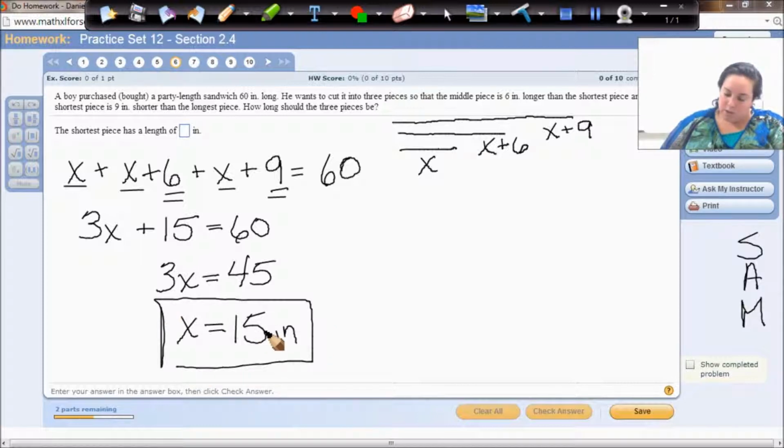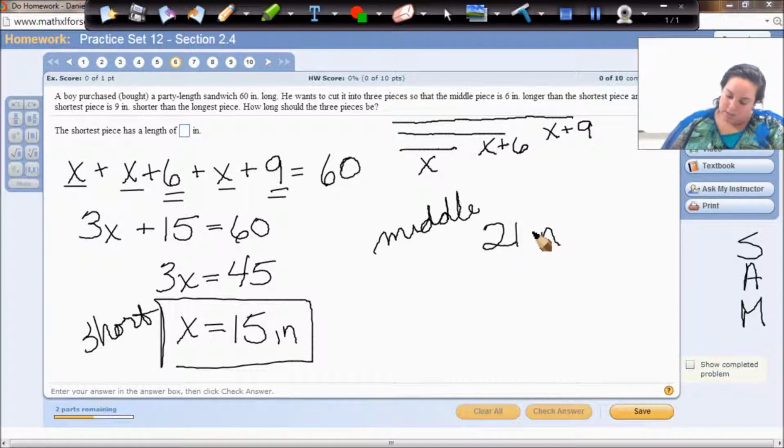All right, once we know that the shortest side is 15 inches, we know the middle piece. So this one was for the short piece. The middle piece is 6 inches longer than that, so we can figure out the middle piece by just adding 6. So 21 inches. Okay, and then we can also figure out the long piece.